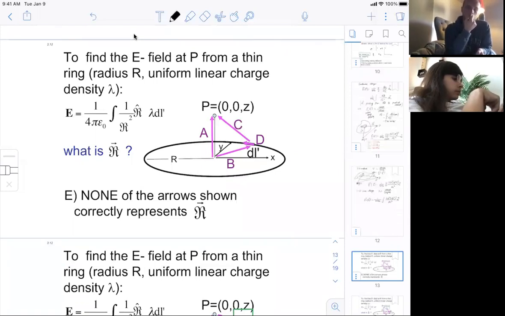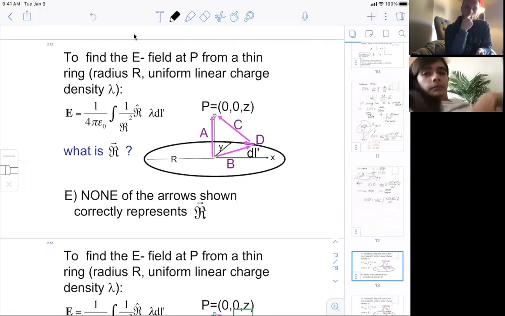I could speak for people who chose A. It might look like the E field at the center would be pointing directly up, right? If the direction of E is given by the direction of R, then my R is pointing directly up.